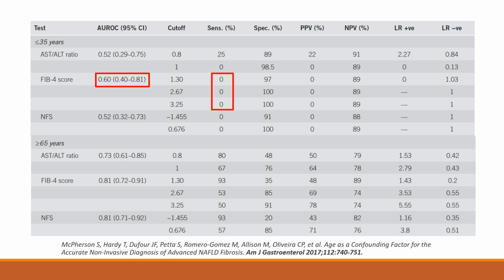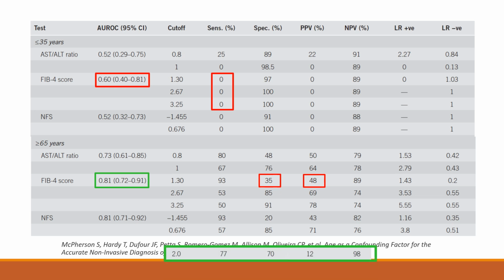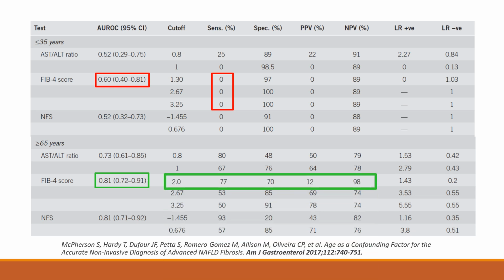And when it came to older patients, FIB4 performed reasonably well overall, but the specificity and the positive predictive value of the 1.3 cutoff were low enough such that it would triage to further evaluation an unnecessary number of patients. So the authors found that a cutoff of 2 had an excellent negative predictive value, and they proposed that cutoff to be used in this age group.